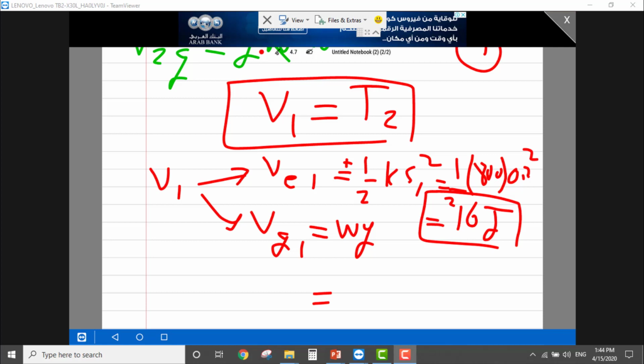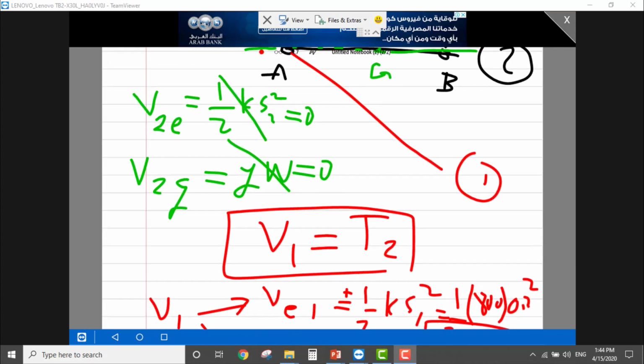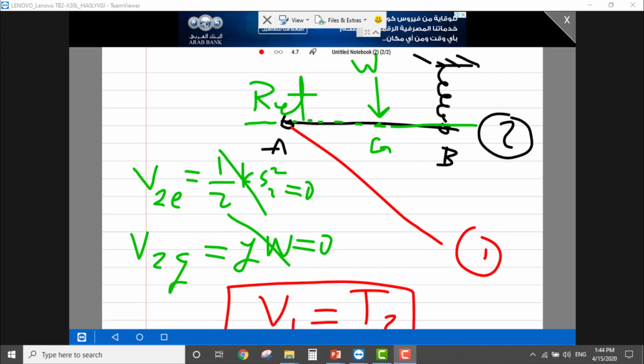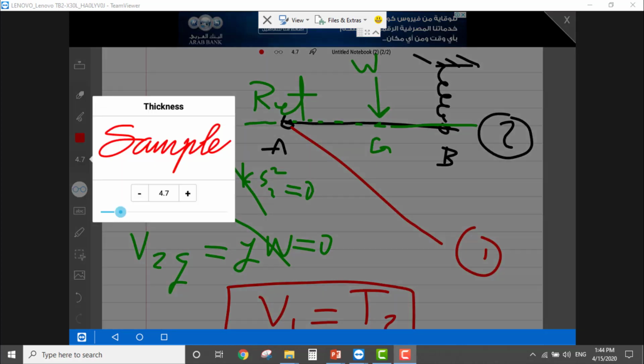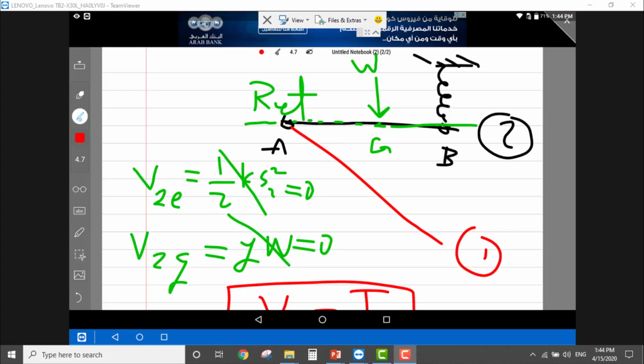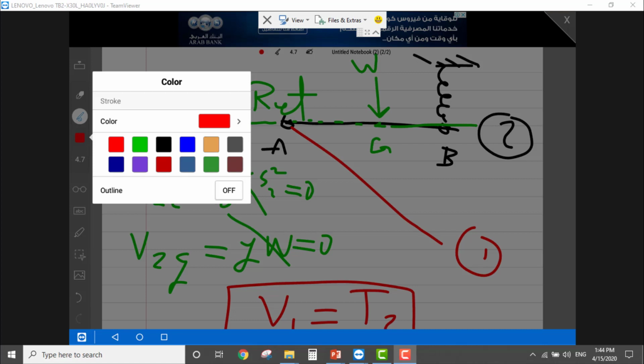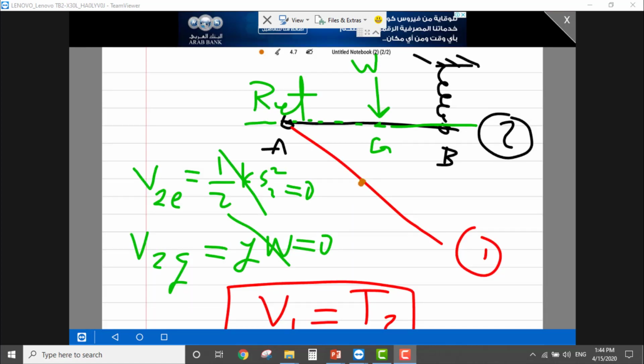So this is the elastic potential energy at state 1. And the gravitational potential energy is weight multiplied by y. But is this value positive or negative, what do you think? Is this bar at this state below the reference or on top of the reference? And how about the distance? Let me change the picture. So here is the centroid, and this is the vertical distance between the centroid at state 1 and the reference.